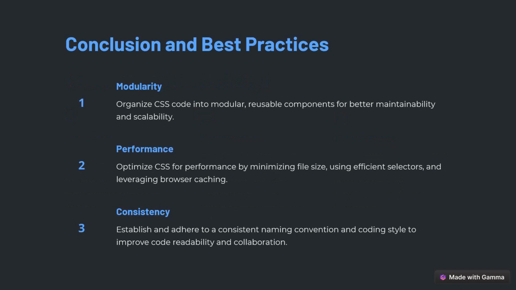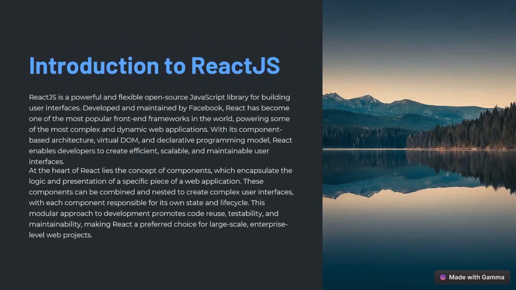Conclusion and best practices. Then we are using another technology called React.js. React.js is one of the most used front-end JavaScript libraries. It is open source. It is mainly used for building user interfaces, and it is developed and maintained by Facebook.